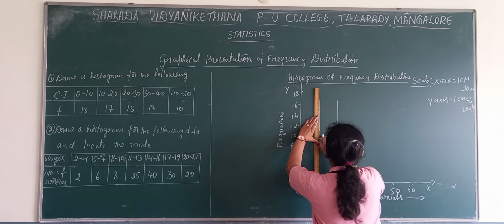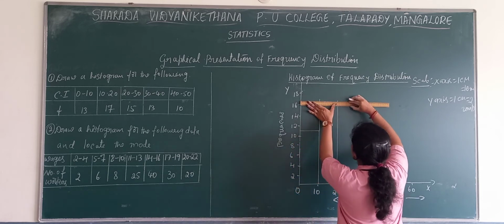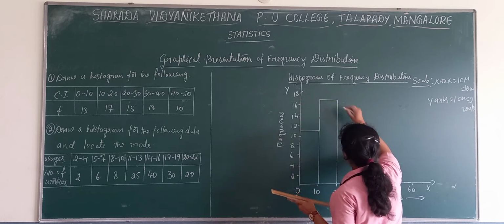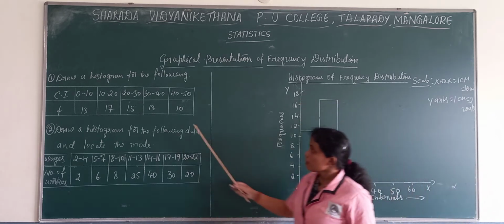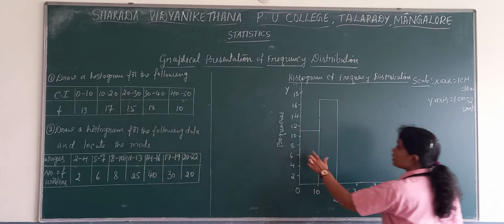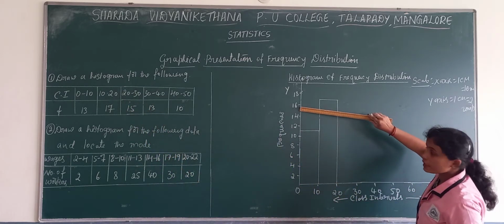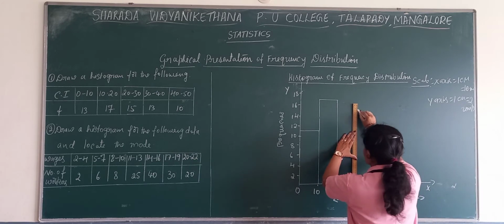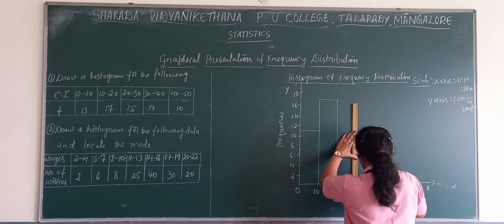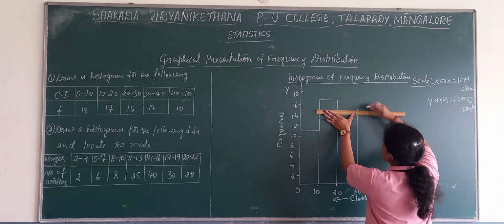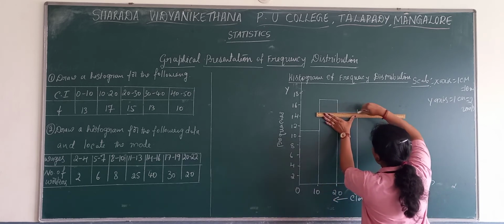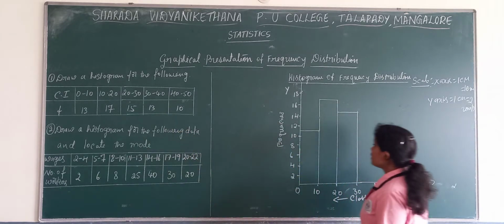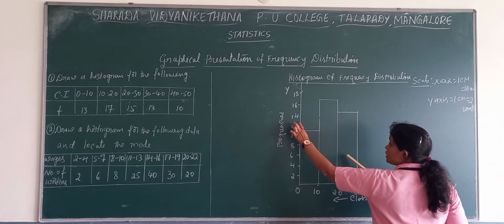Then 20 to 30, 15. 20 to 30, 15 will be here. Then 30 to 40, 13.